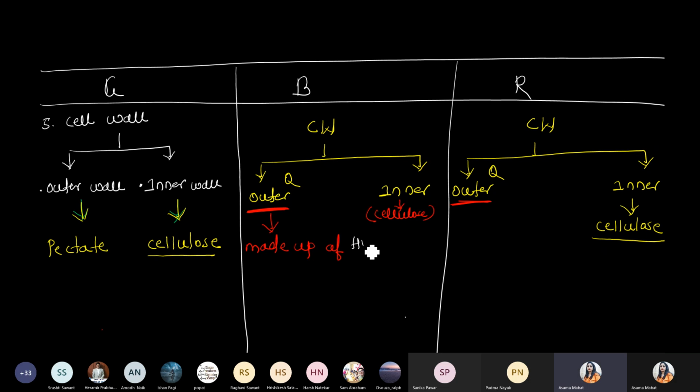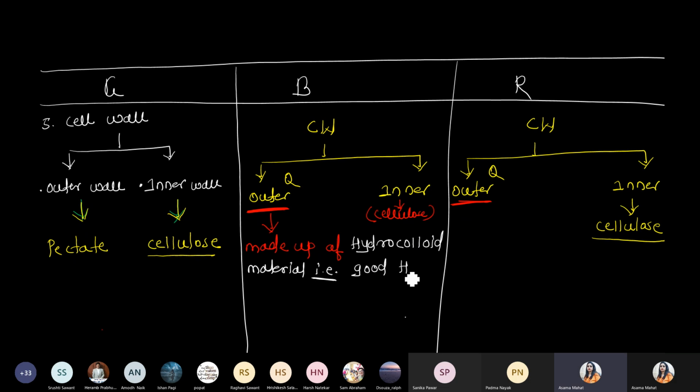Hydro means what? Something water related. Colloid material. And whenever you use the word hydrocolloid material, it means that the material has good water holding capacity.